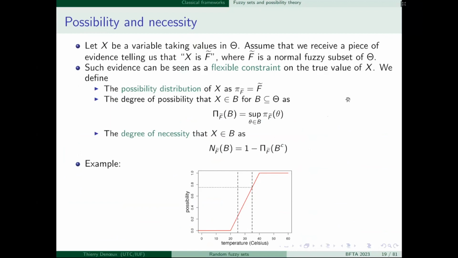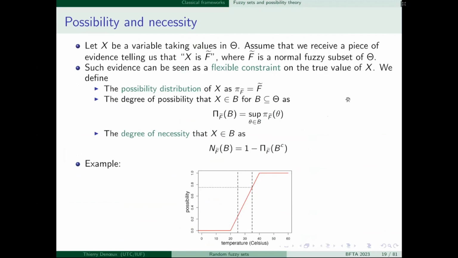If you know it's hot, a value of 10 degrees is definitely not possible. Okay, but a value of 25 degrees has some degree of possibility. It's possible to some extent. Okay, so this is what we try to capture with this notion of possibility theory. So we define the possibility distribution. It's a function that has the same value as the membership degree, okay? But the interpretation is different.